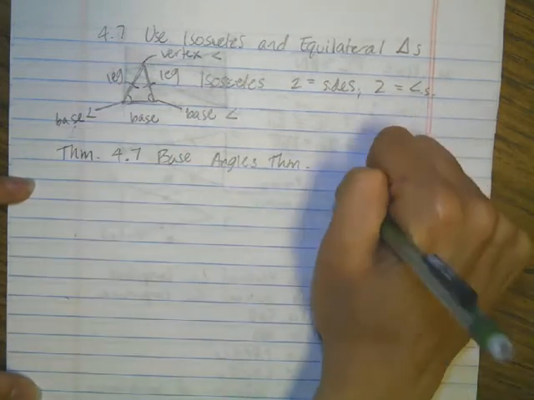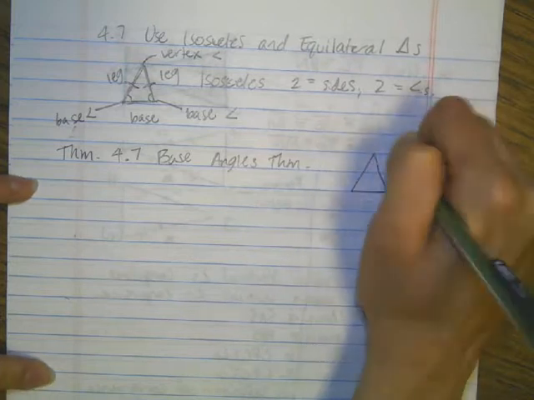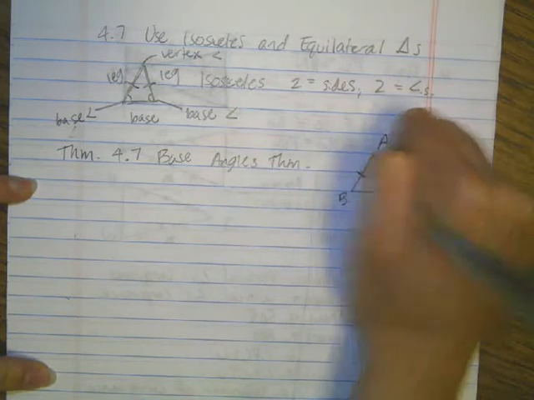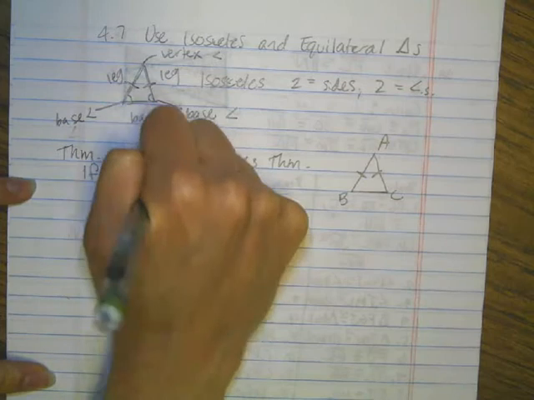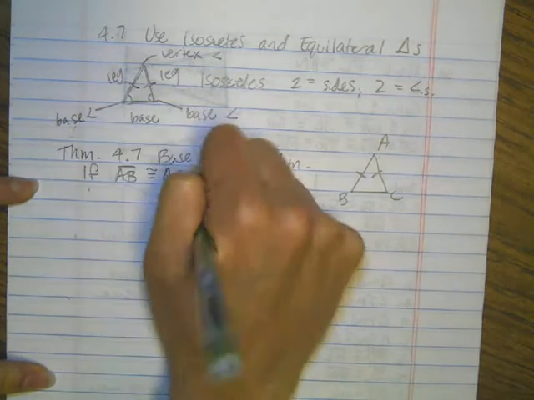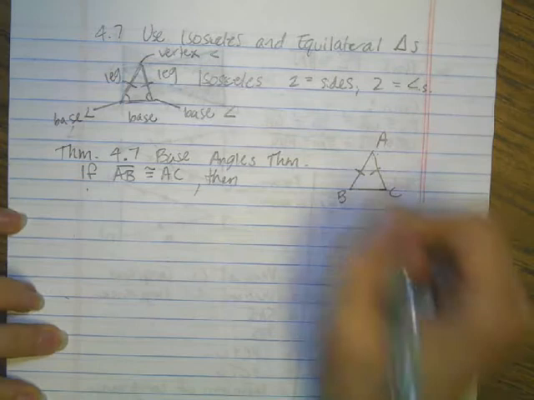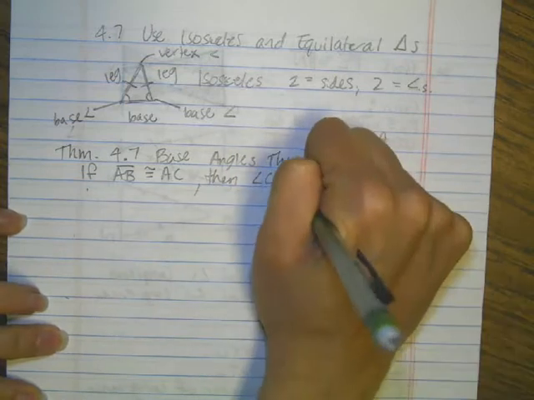So, if we have a triangle ABC, so if AB is congruent to AC, then the angles opposite them are congruent, so we can say angle C is congruent to angle B.